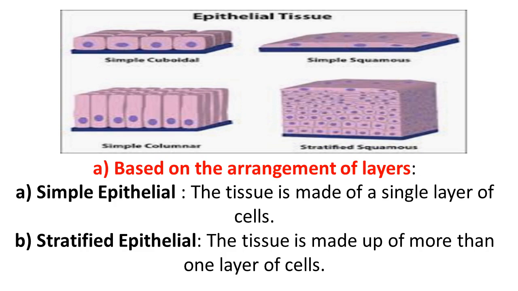If it is single, it is called simple. If it is more than one, it is called stratified. So we can classify them as simple squamous, stratified squamous, simple columnar, stratified columnar, simple cuboidal, stratified cuboidal, like that, based on how the cells are arranged.